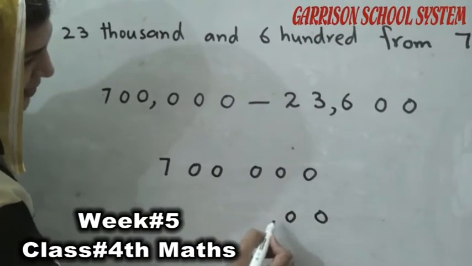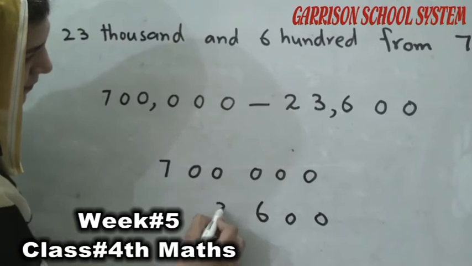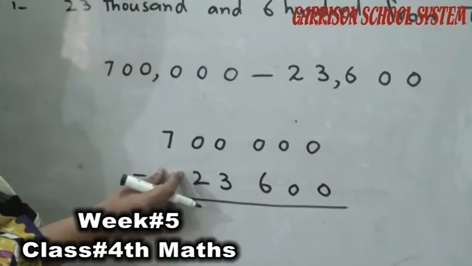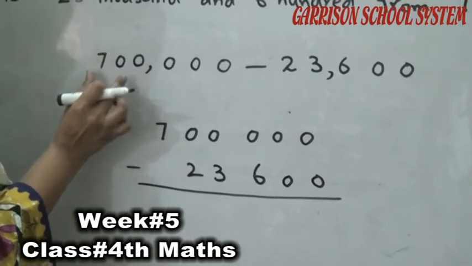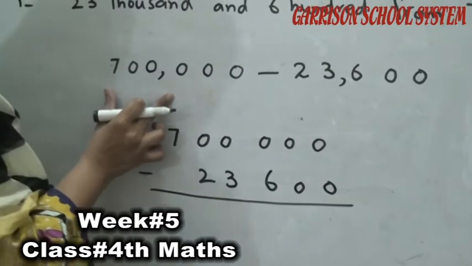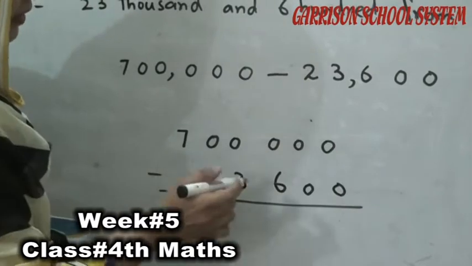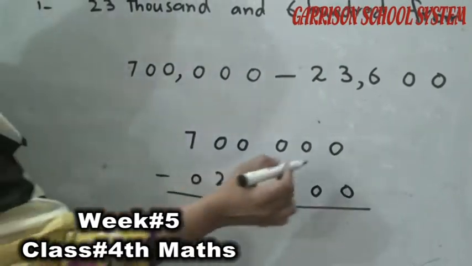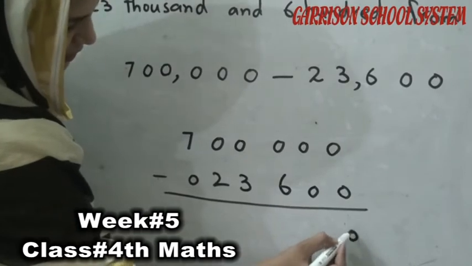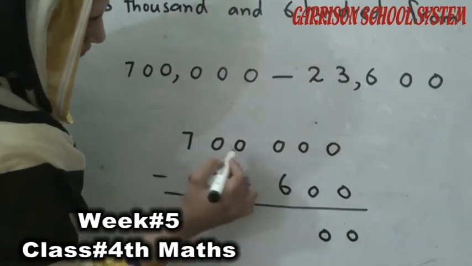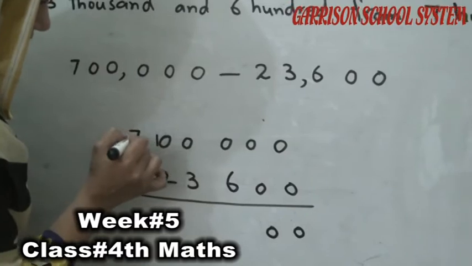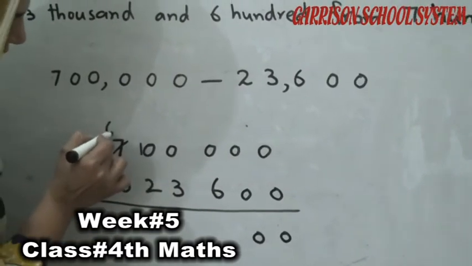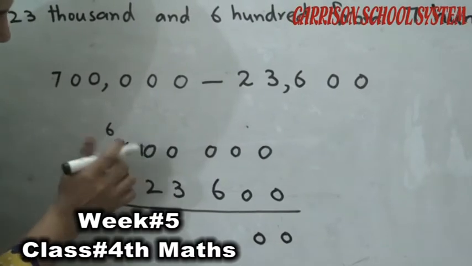From the right side we will start. Here is nothing, because this number is a 6-digit number and this is a 5-digit number. So we put 0 here. If we subtract, we get 0, 0, and we carry 1 from the 7, so here will be 6.